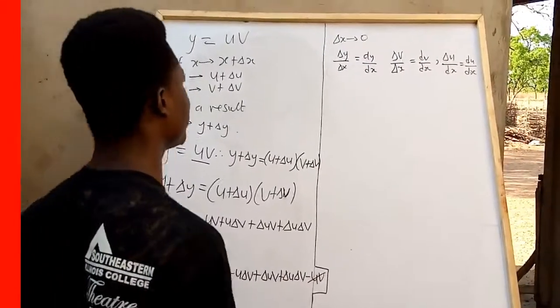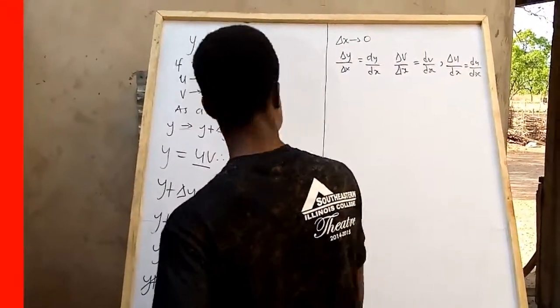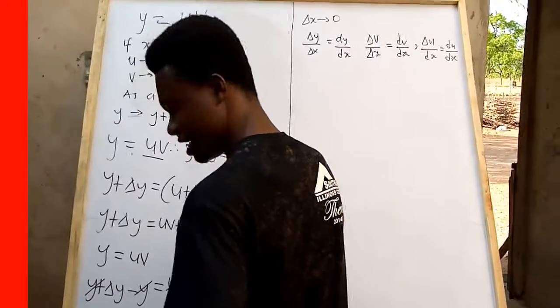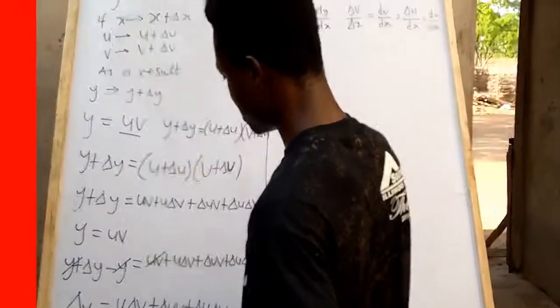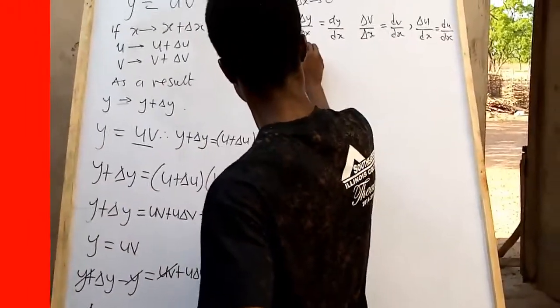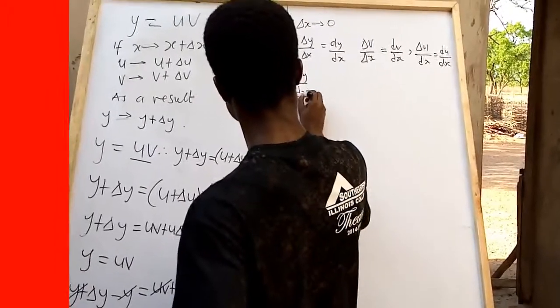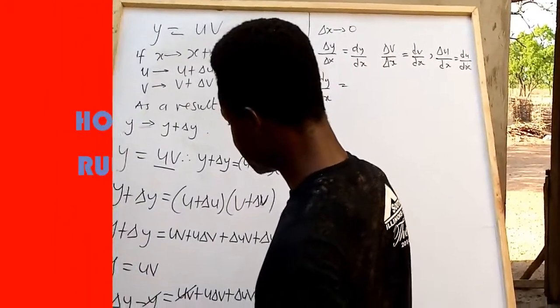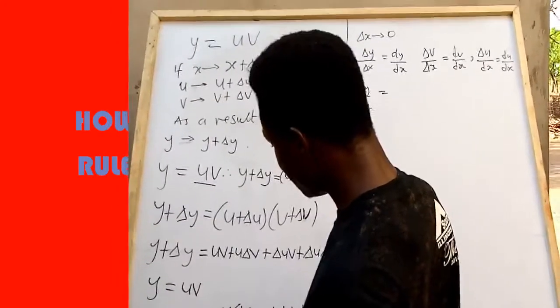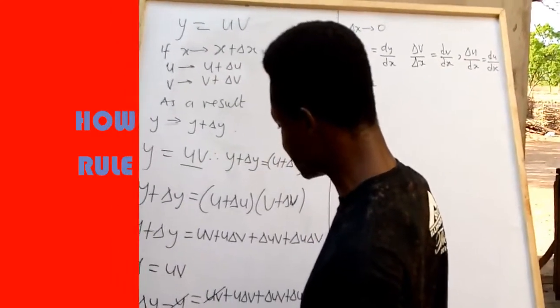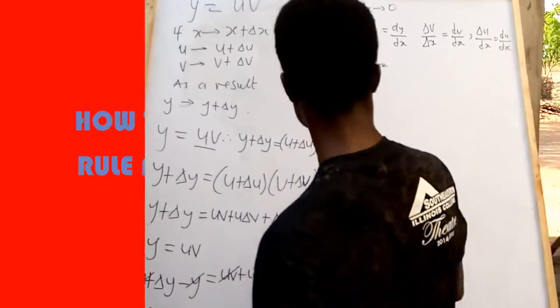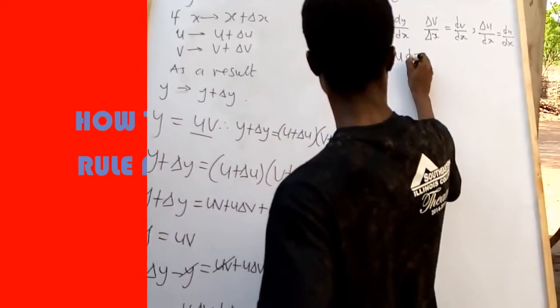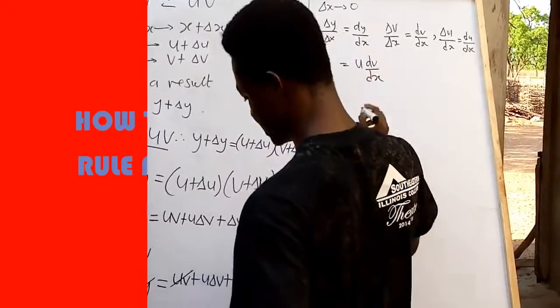So here we can now say that our equation is now becoming dy over dx equal to, and we know that change in v over change in x can now become dv over dx. So I have equal to u dv over dx.